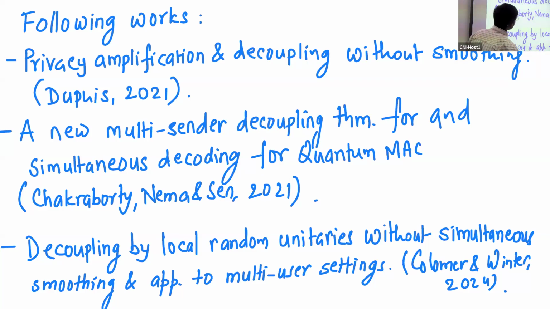Then we were able to use this in finding simultaneous decoding schemes for achieving the quantum capacity of a quantum multiple access channel. And very recently there was a work where, instead of Haar random unitaries, 2-wise independent unitaries, or essentially 2 designs, were used, which bypasses a major bottleneck in quantum information theory known as simultaneous smoothing, applied in multi-user information theory.